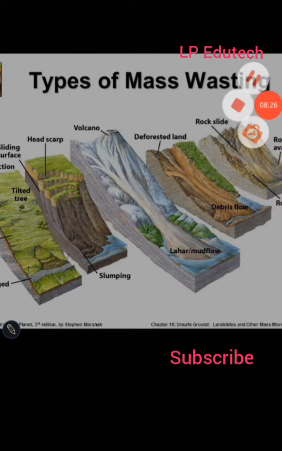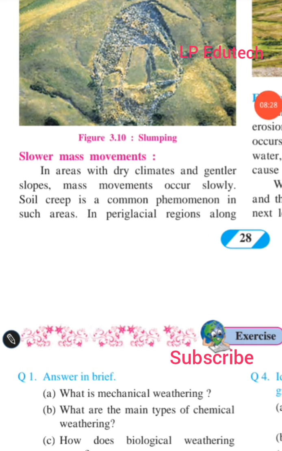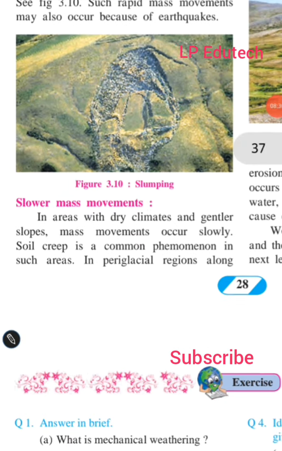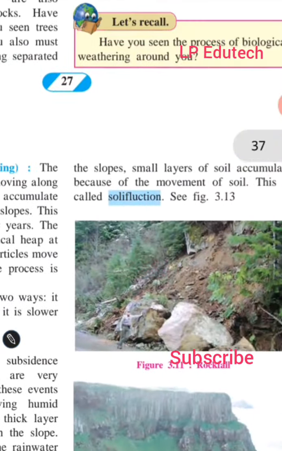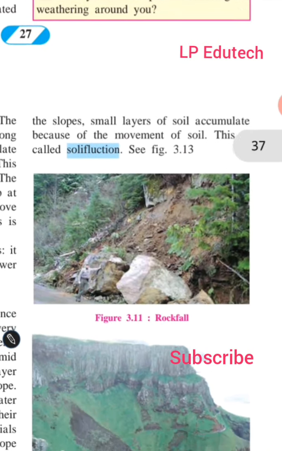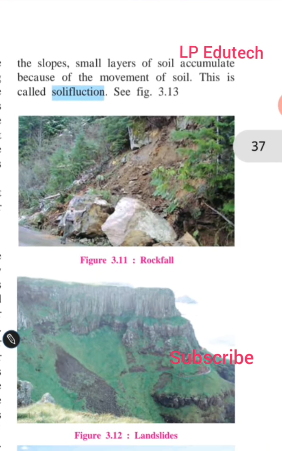Now, slower mass movement. In areas with a dry climate and gentler slope, mass movement occurs slowly. Soil creep is a very common phenomenon in such areas. In a periglacial region, along the slopes, small layers of soil accumulate because of the movement of soil.